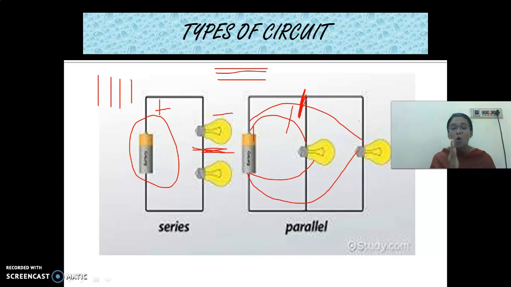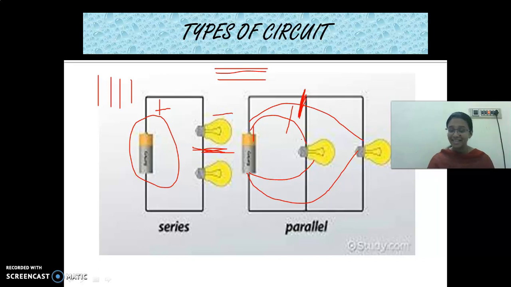There is an open path there, so the ball does not reach the next one. Yes or no, children? Yes. But here, it can flow. I am asking you to come and get the ball separately from me, so everyone is able to get the ball. Yes or no? So in series connection, if one connection breaks down, the bulb will not glow. Whereas in parallel, the bulb will glow.